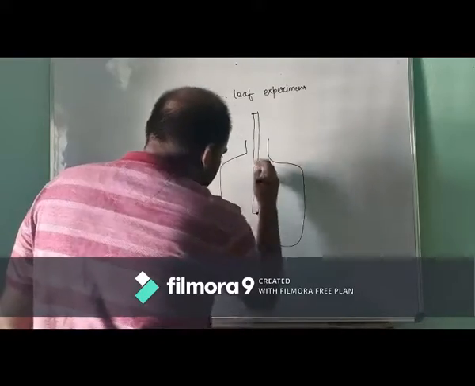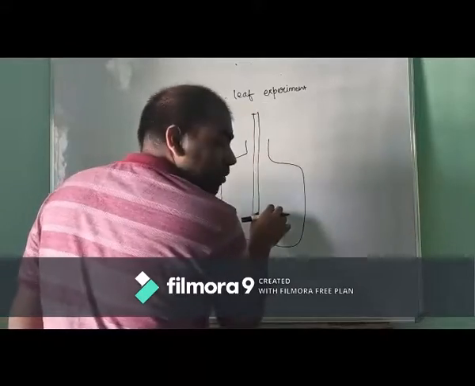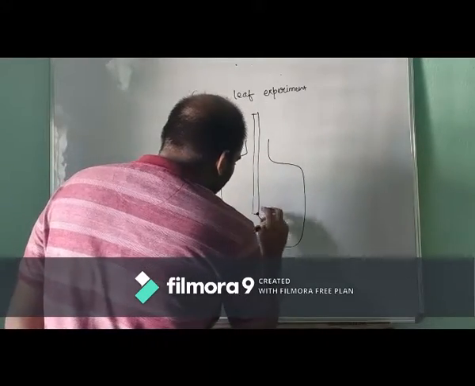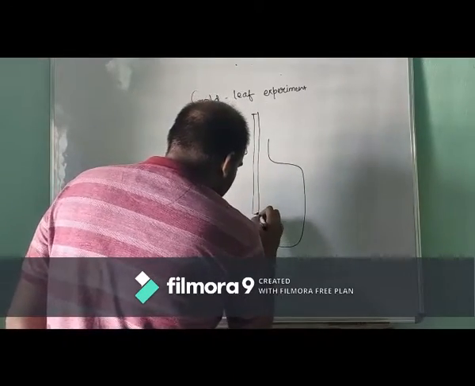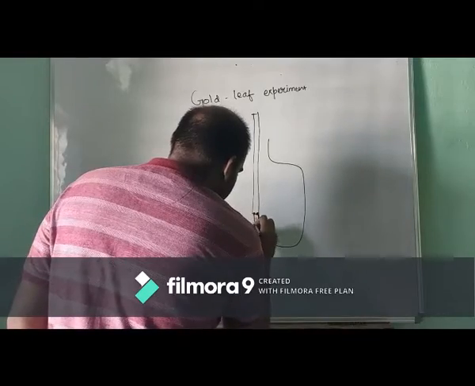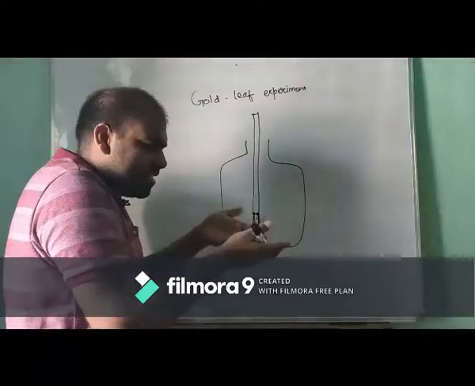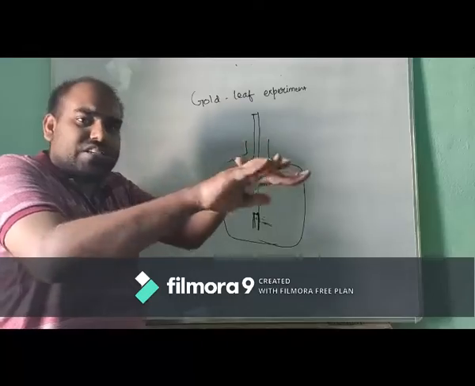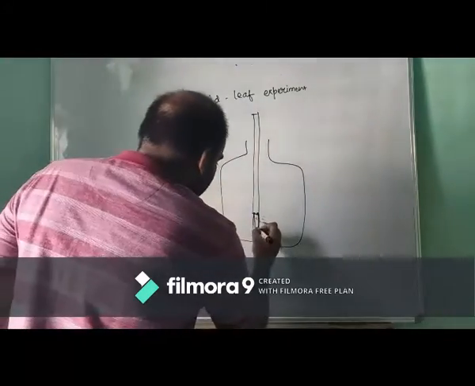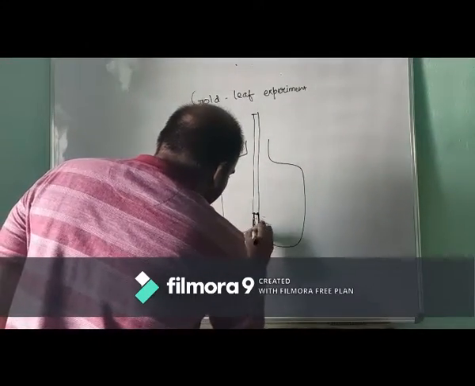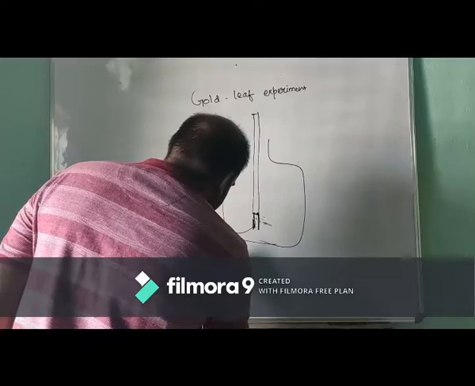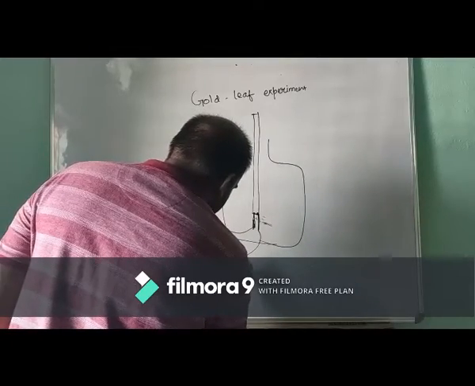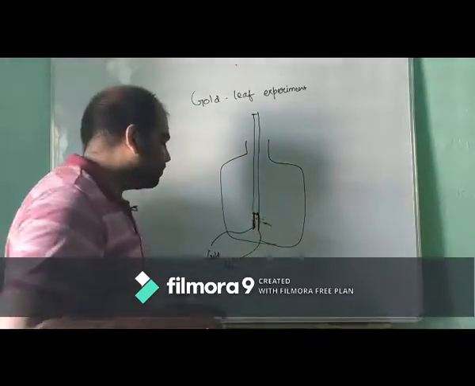At the end of this rod, there are two metal leaves which can flap. Okay, easily flap. Flap means this thing. Okay, this can easily flap. So these flaps are made of gold. Very thin flaps.